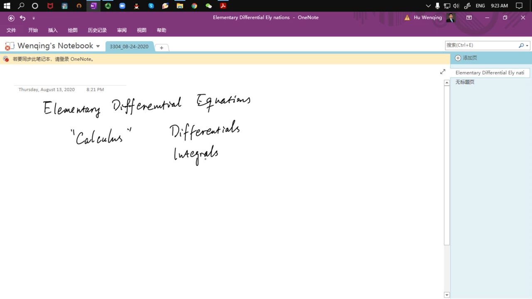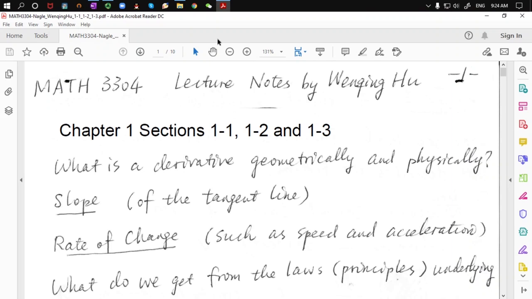So differential equations are, in a certain sense, a continuation of our course on calculus, and it will make full use of the calculus that you have been learning in the previous semesters at this university. That will be the very general scope of this class.